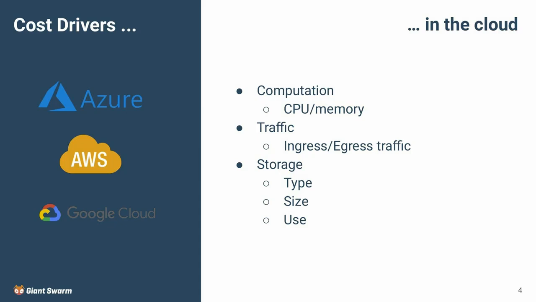Because in our experience, what we are seeing is that most of the cost drivers our customers are dealing with are based on these three areas: computation, traffic, and storage.